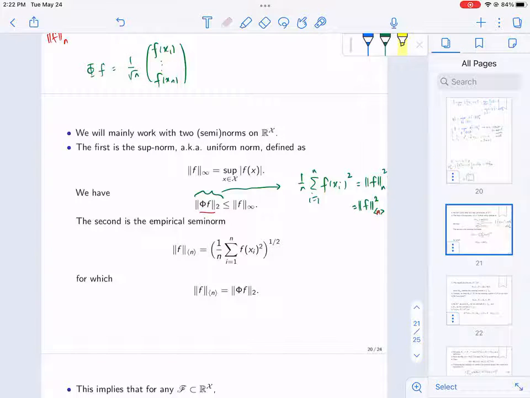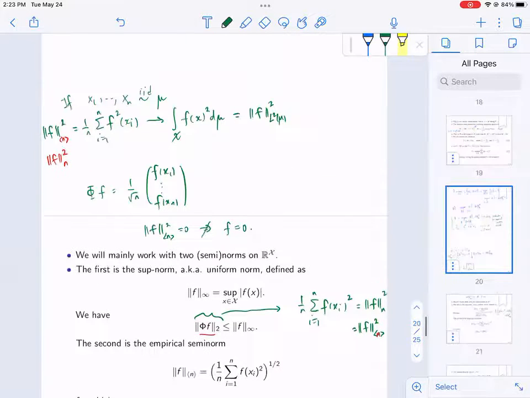It does not necessarily imply that f is 0. If that's the case, then it's a proper norm. But for example, if f has value 0 at these points but non-zero elsewhere, then it could be 0. Asymptotically, it approaches the L2 norm.